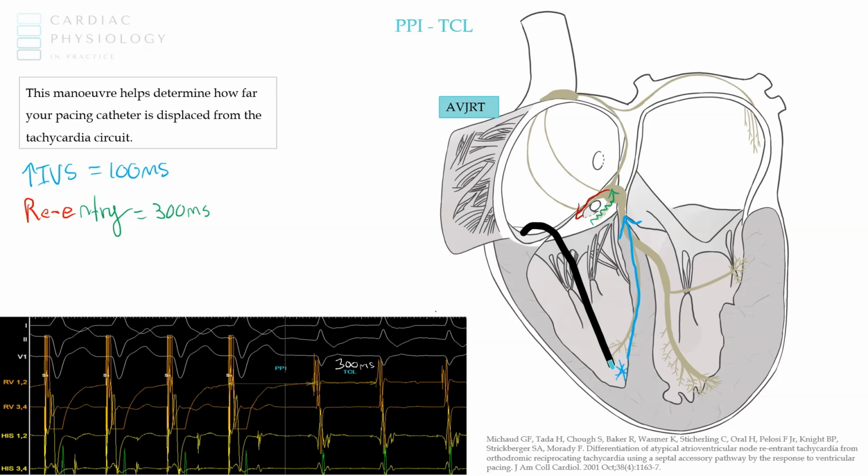On the EGMs, it will look like a period of isoelectric line. And then around the circuit, once we entrain tachycardia one last time, we already said that it takes 300 milliseconds to go around the circuit because our tachycardia cycle length is 300 milliseconds. So we know this takes 300 milliseconds to complete.